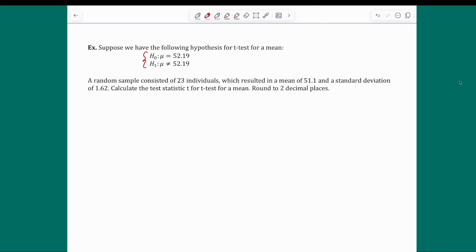First, let's observe. We're going to be using t equals x bar minus the mean over s divided by the square root of n. So we need to identify x bar, the sample mean. First, let's identify the sample size. We have 23 individuals. We took a sample mean and got 51.1, and we got a sample standard deviation s of 1.62.